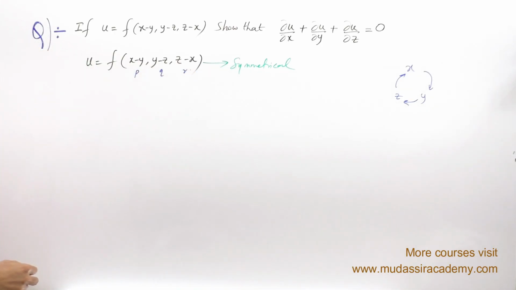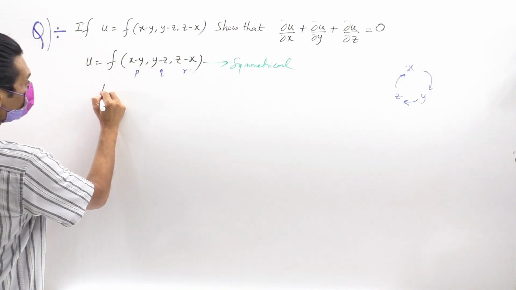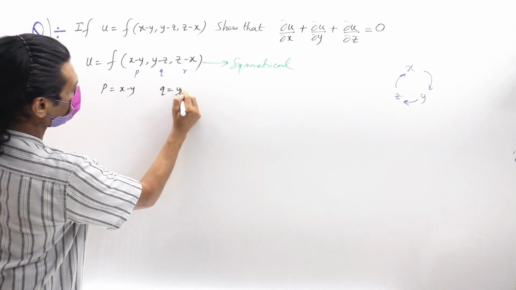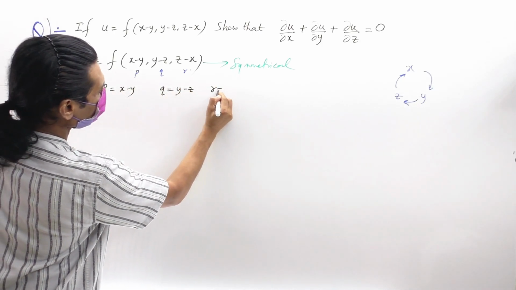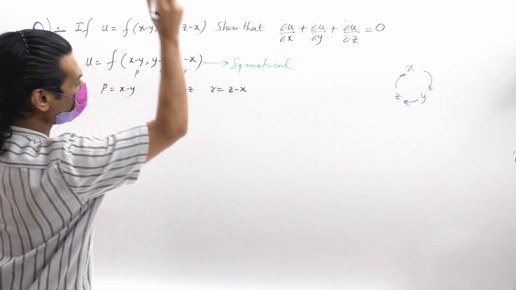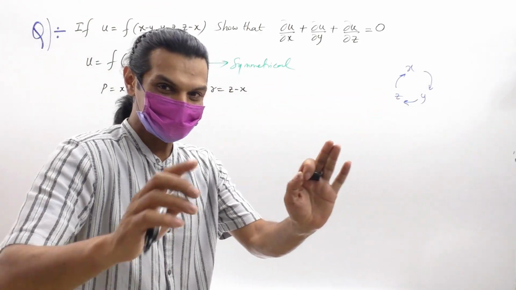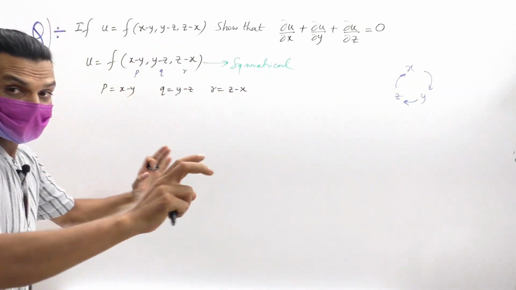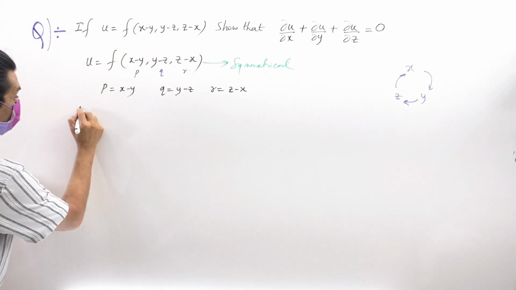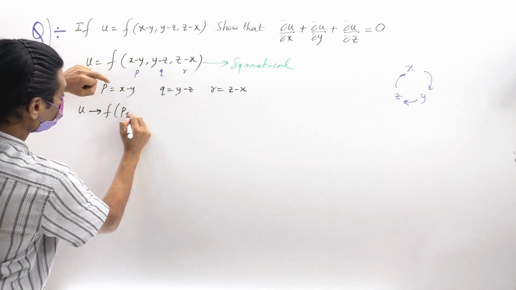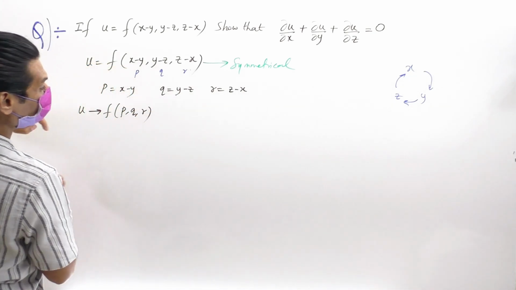So I write it here now: p is equal to x minus y, q is equal to y minus z, and r is equal to z minus x. Now see carefully what happens. u is a function of p, q, and r.